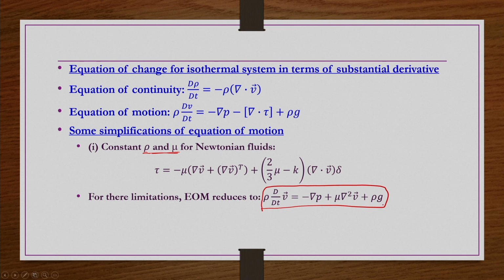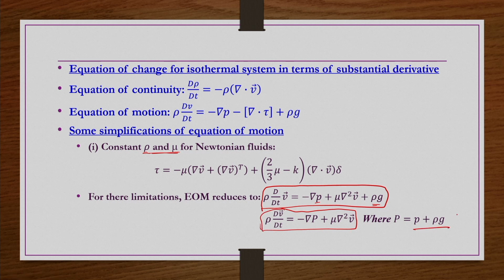Rho capital DV by dt is equal to minus del p plus mu del square v plus rho g. If you combine small p and rho g, rho DV by dt is equal to minus del P plus mu del square v, where capital P is nothing but p plus rho g. This equation is nothing but your Navier-Stokes equation.